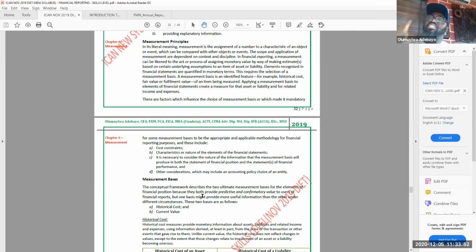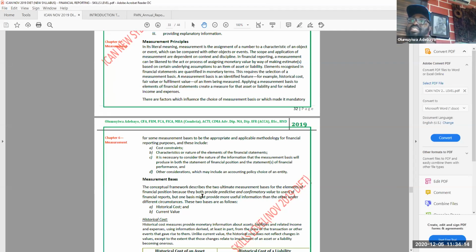Historical cost is synonymous with the transaction price as at when the transaction initially occurred. That value is still what you are recognizing to date, regardless of changes in economic climate, situation, and time. And that's what we mean by historical cost.